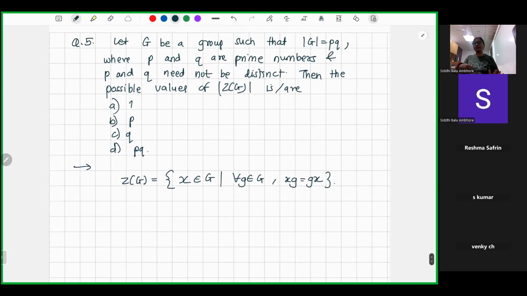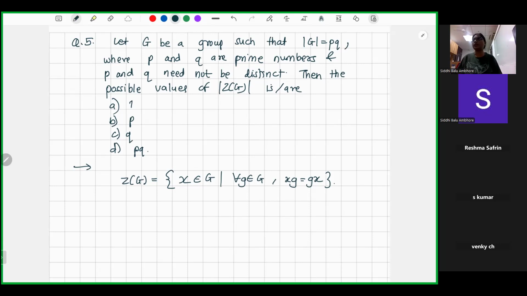Now they have given that G is a group whose cardinality is PQ, with P and Q both primes, but they need not be equal. So we could have cardinality of G as something like 9 or 25 and so on. Only thing given is that G is a group with cardinality PQ, and we have to find the possible values of the cardinality of the center of G.